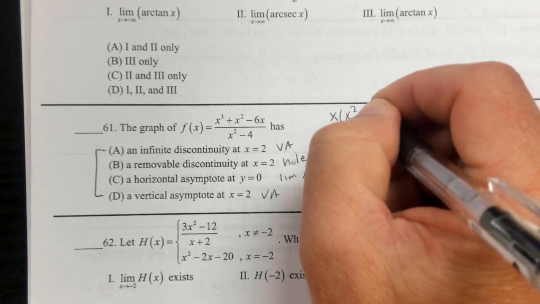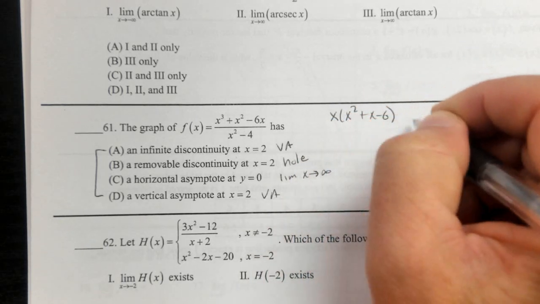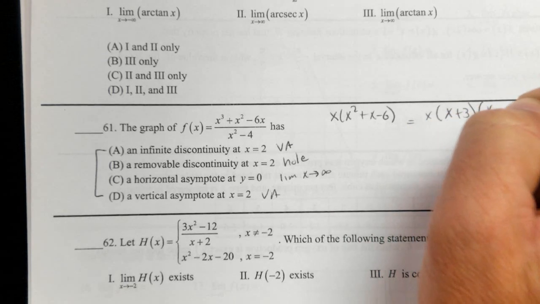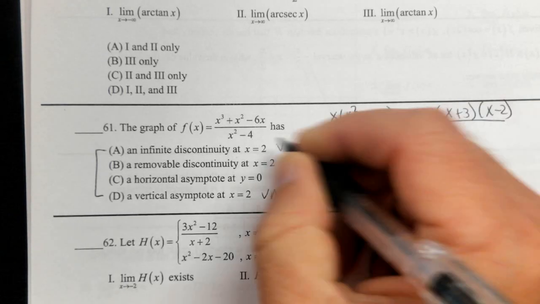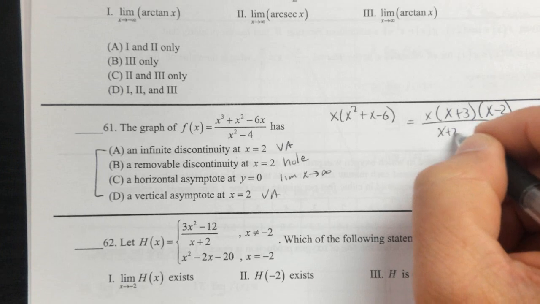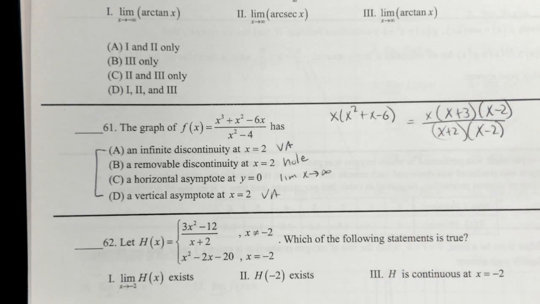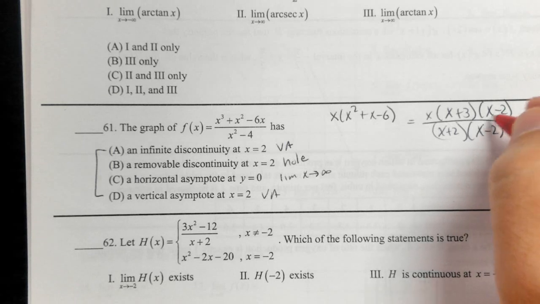x times x squared plus x minus 6. So x plus 3 and x minus 2. And then in the bottom we've got x plus 2 and x minus 2. So the x minus 2's cancel.